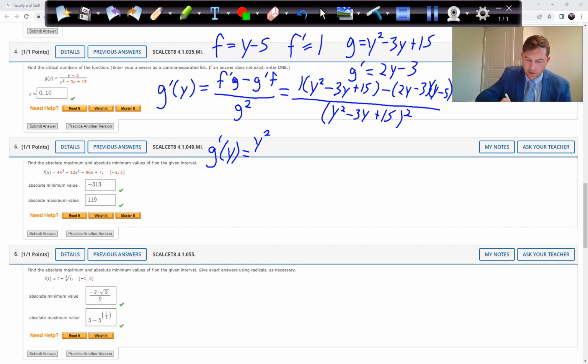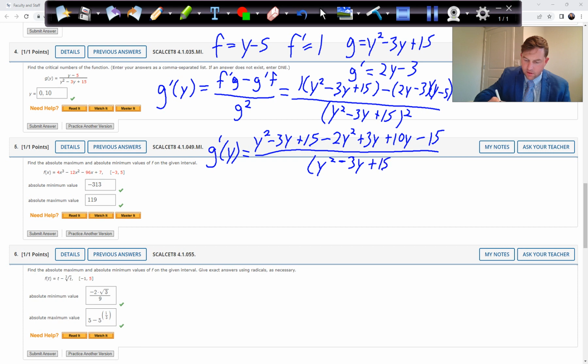We're going to have y squared minus 3y plus 15 minus 2y times y, which is 2y squared, minus 3y, but with another minus, so it's plus 3y, minus 10y, 2y times 5, but it's double negative, so it's plus 10y. Then it's minus 3 times minus 5, which is plus 15, with a minus, so it's minus 15. And the bottom is just y squared minus 3y plus 15 squared.